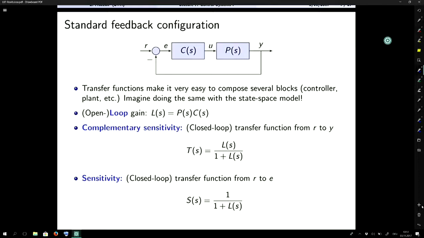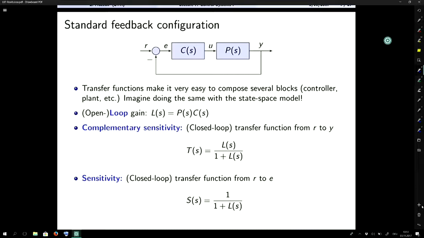Closed loop versus open loop is not a part of the system. You cannot say that this is the closed loop part and this is the open loop part. Open or closed loop is something that you say about the whole architecture. The fact that it's closed loop is driven by the fact that you have this feedback loop.